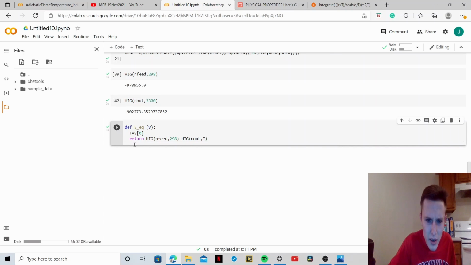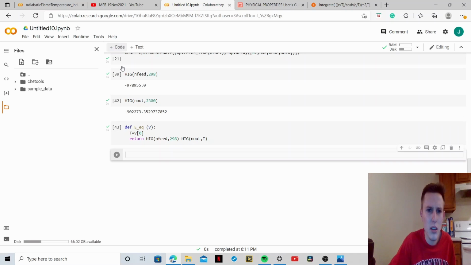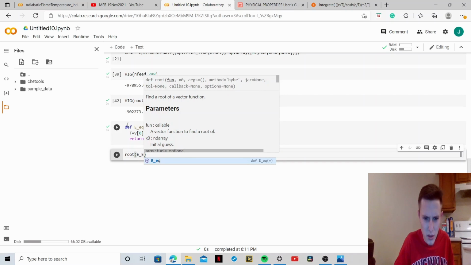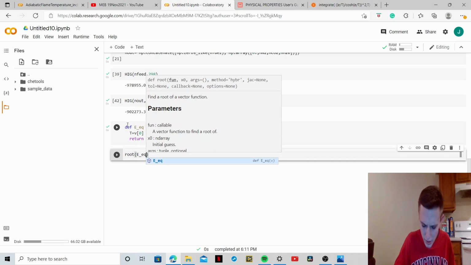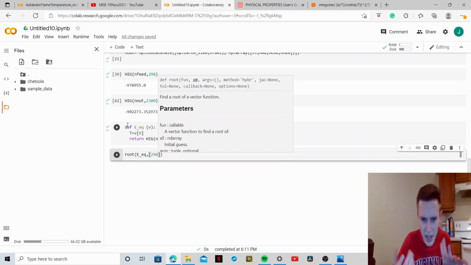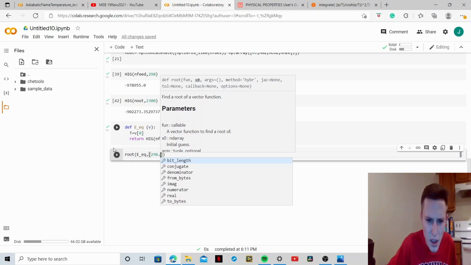And the last step here is all we have to do is do our root solver of our energy equation, and then in brackets, a guess for our temperature. So I'll do 298 as our guess.